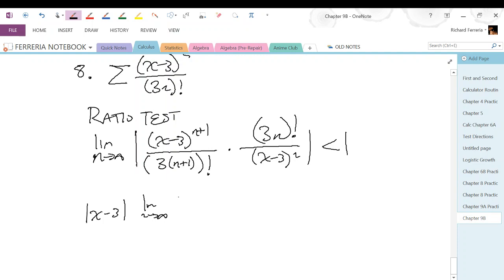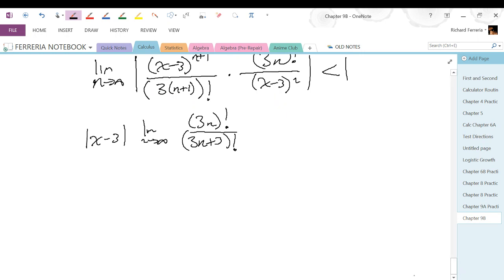On the numerator I'm going to have (3n) factorial. On the denominator I'm going to have (3n plus 3) factorial. Which of those two is bigger, (3n) factorial or (3n plus 3) factorial? (3n plus 3) factorial. Good. So that's the one that we're going to simplify.